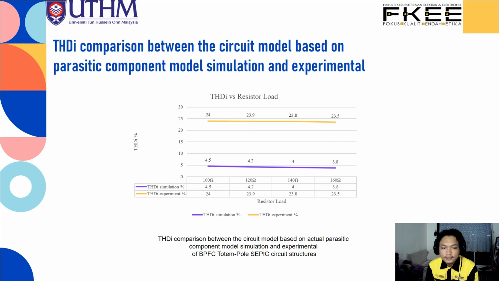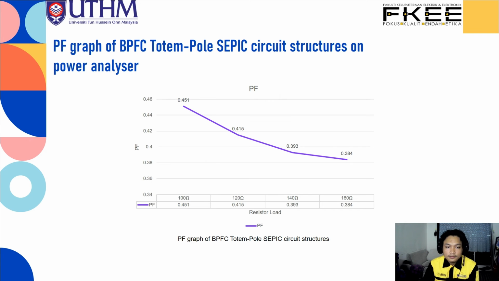According to this chart, we can conclude that the experiment succeeded for the first objective, and the higher the output resistor, the lower the THDI from the simulation and the experimental. Okay, this one is the graph for power factor. For 100 ohm we got 0.451.